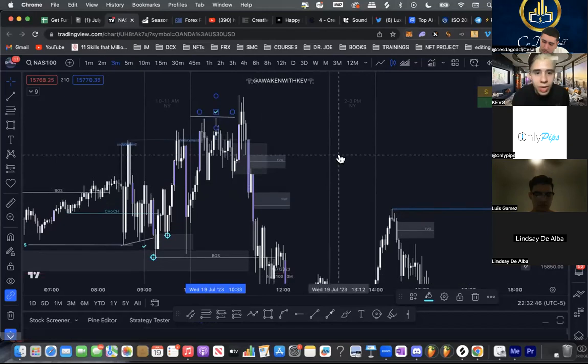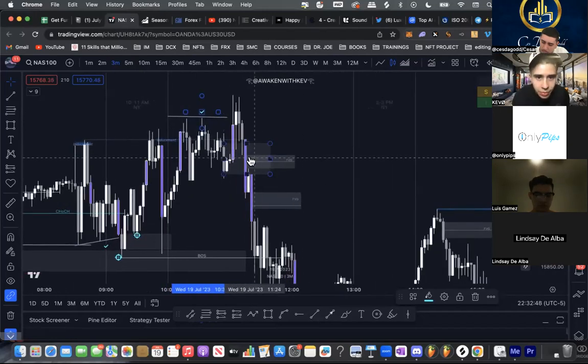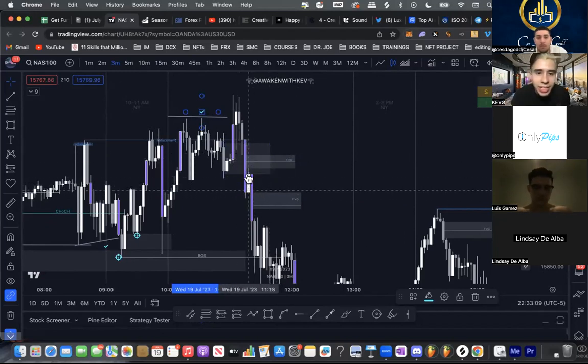And then notice how even within this breaker candle right here, we had an imbalance as well. So a lot of times once you get that liquidity raid, like we saw right here, if you can't position yourself within here, and then you see a nice aggressive move like we did, leaving an imbalance behind, a lot of times you can play this breaker candle, or I guess the imbalance as well, and this is more of your confirmation entry, right?